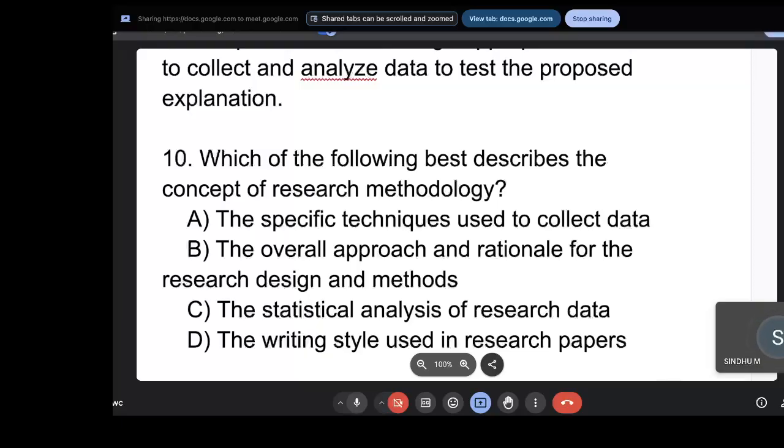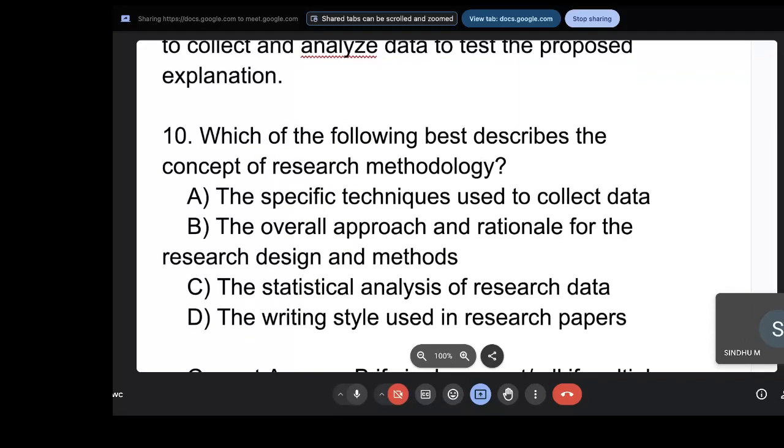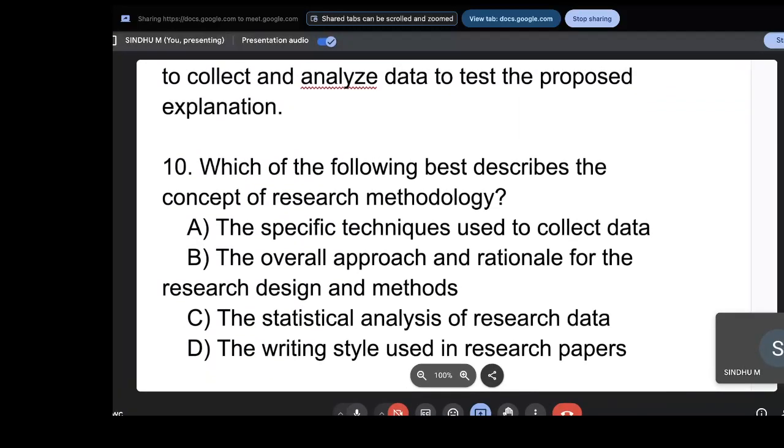Let's discuss the last question today. It's about the concept of research methodology. The question is, which of the following best describes the concept of research methodology?